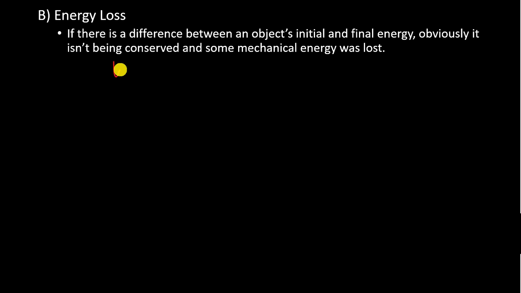Why is that important? Remember how we came up with our equation for conservation of energy. We said the net work is equal to the work done by conservative forces plus the work done by non-conservative forces. In order to get our conservation of energy equation, we got rid of this term. We said, let's assume there aren't any non-conservative forces.